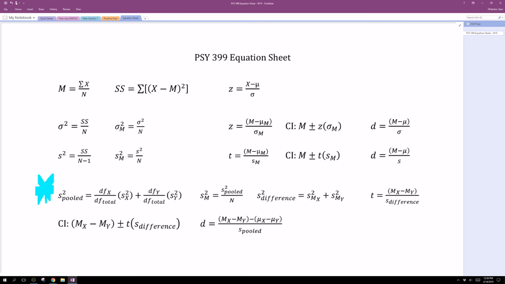So df sub x is the degrees of freedom for the first group, df sub y is the degrees of freedom for the second group, and df total is dfx plus dfy. Now, to get this variance, so s squared sub x is the variance of sample x. We just use this regular variance equation that we've been using the whole time. And you use the same equation to calculate variance for the second sample, sample y.